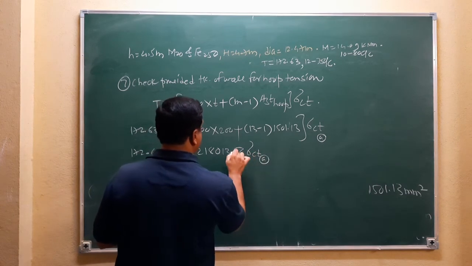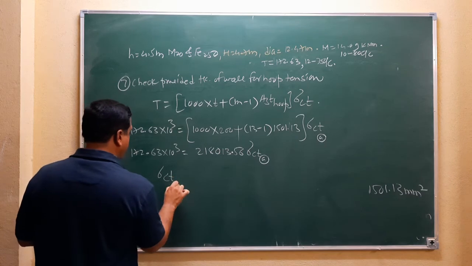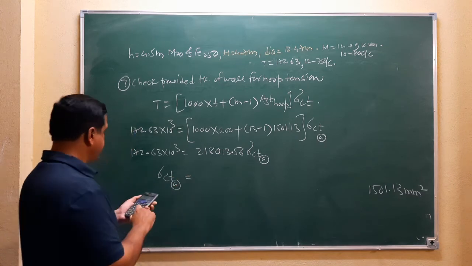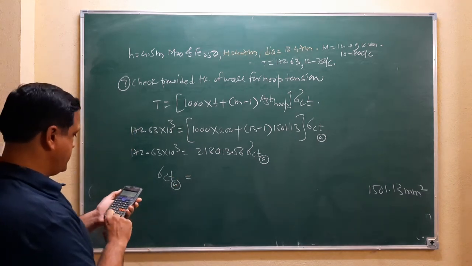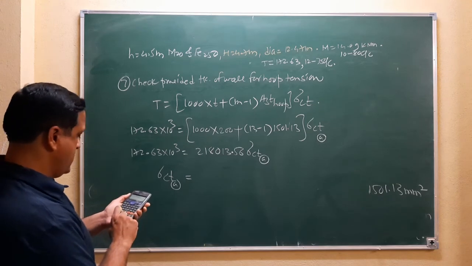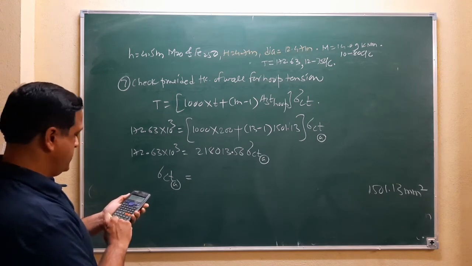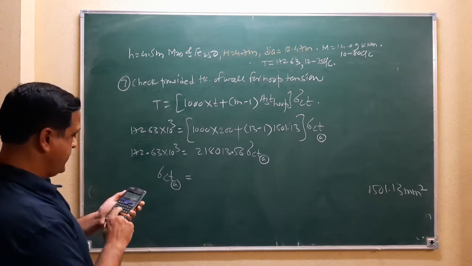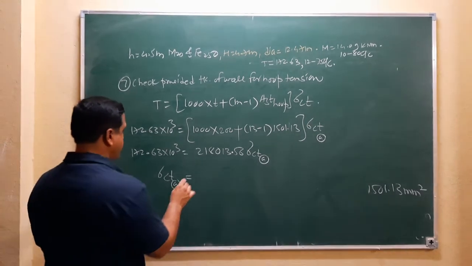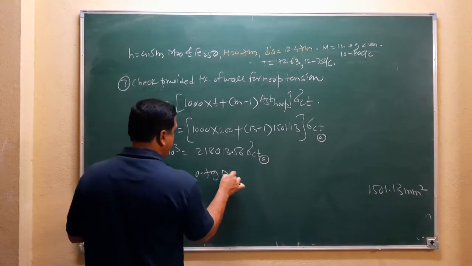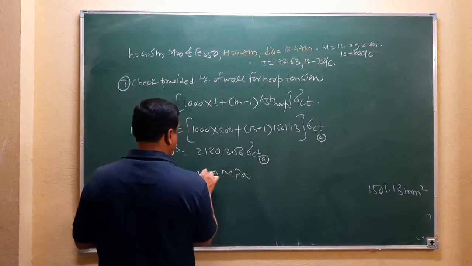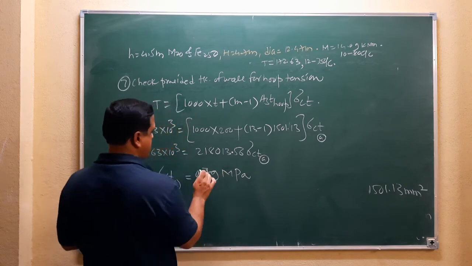So what is the value of sigma CT actual? 172.63 into 10 raised to 3 divided by 218013.56. So this is 0.79 only. 0.79 megapascal.